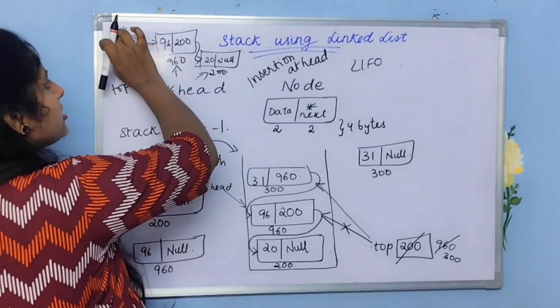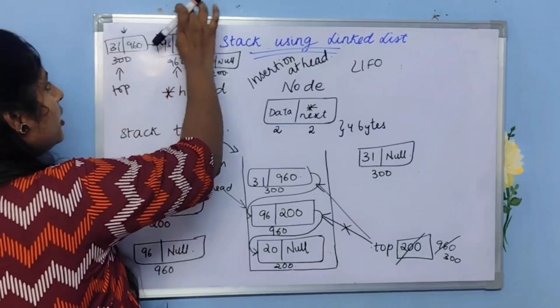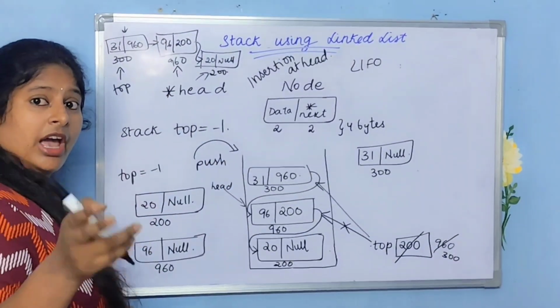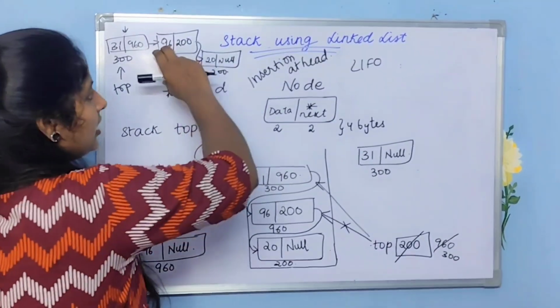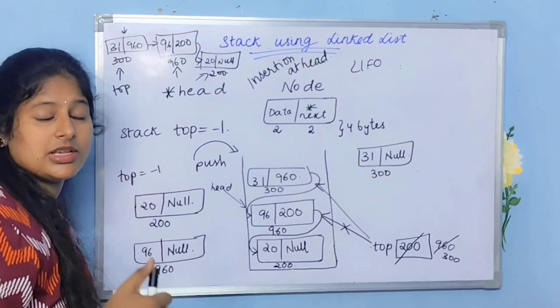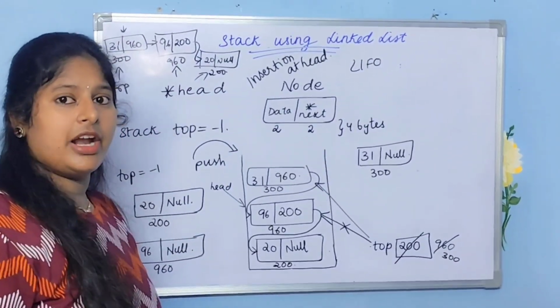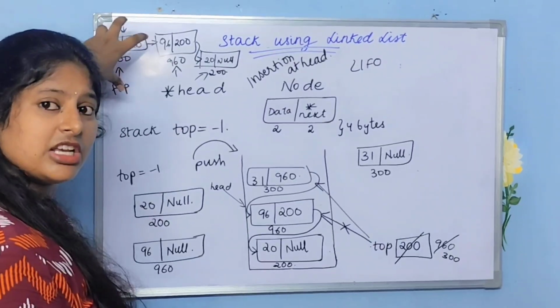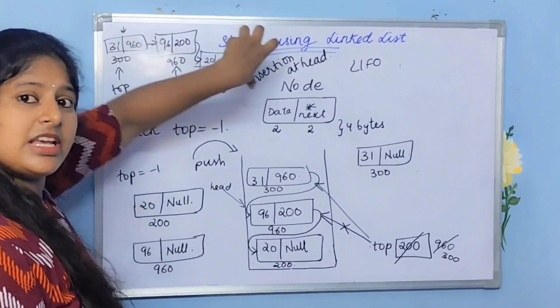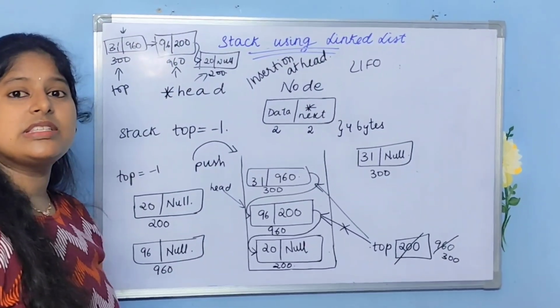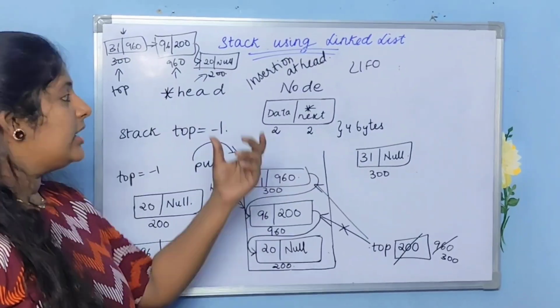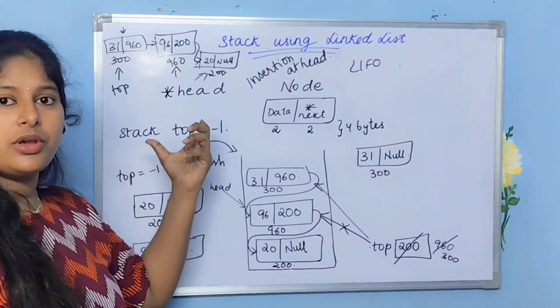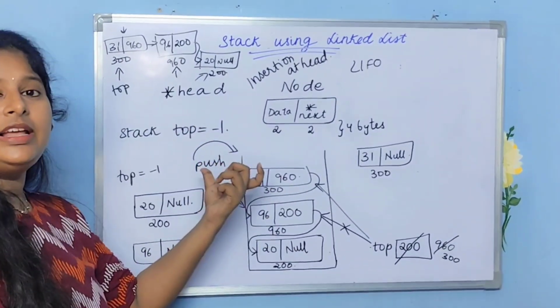Each time I have to traverse: for 2 elements, 2 traversals; if there are 5 elements, 5 traversals. But if I want to add at the head position, I just need the head value. I will change my head value and change the added element's next address. This is the reason why we consider insertion at head for stack using linked list.